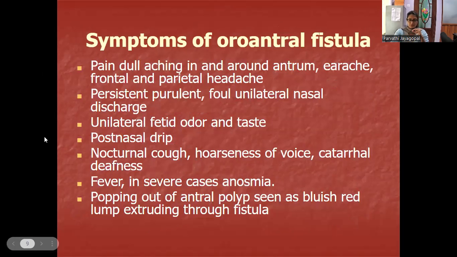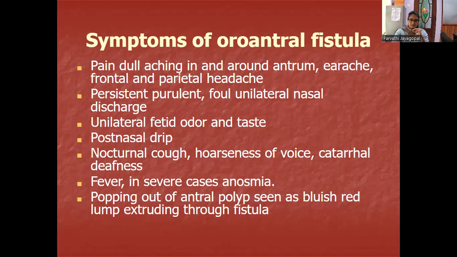Coming to symptoms of an established oroantral fistula, you have pain, which is dull aching in nature, in and around the antrum, earache, and frontal and parietal headaches. You have persistent, purulent, foul unilateral nasal discharge. You have unilateral fetid odor and taste.